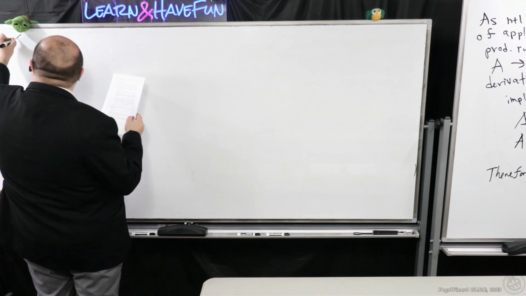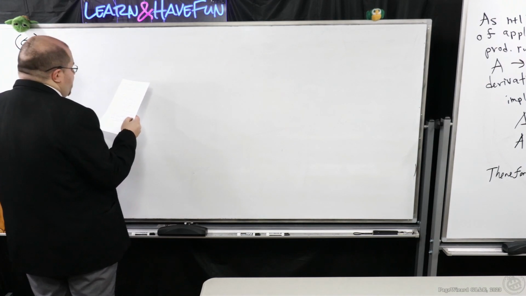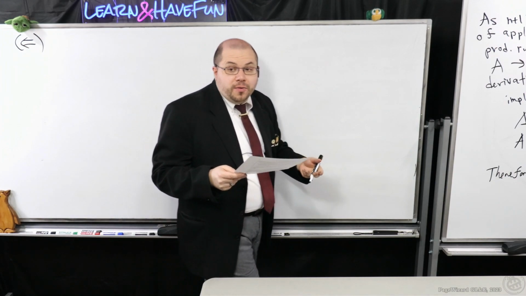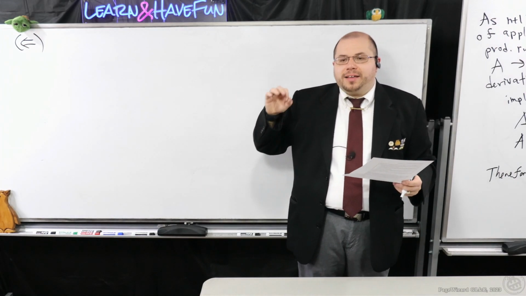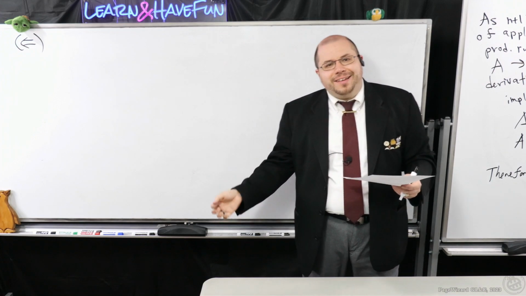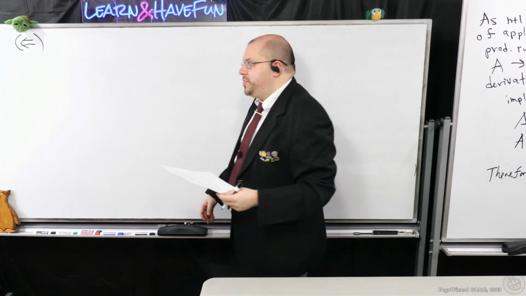Now let's prove the other direction. That means if I'm given a palindrome over the binary alphabet, then it has to be a string that is a part of the language of our context-free grammar GP.